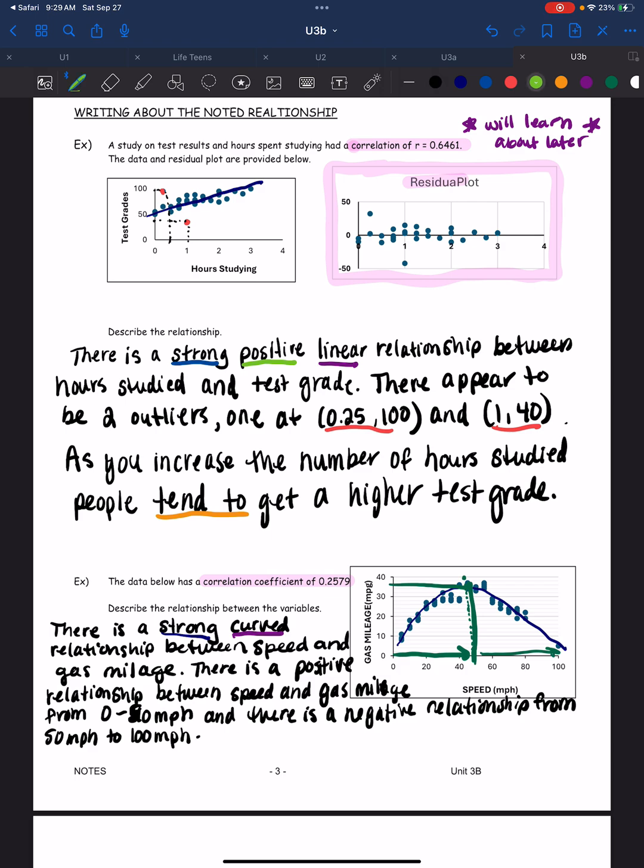So I've commented on those directions of how it switches when we're looking at that.